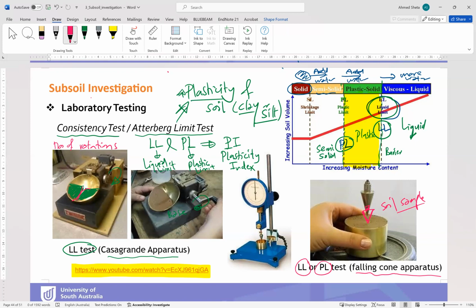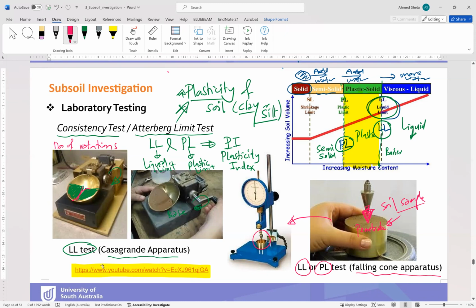Here is the cone, if you can see. So this is the soil sample and this is the cone. We need the cone to penetrate the sample. Okay, this is the consistency test or the Atterberg limit test.